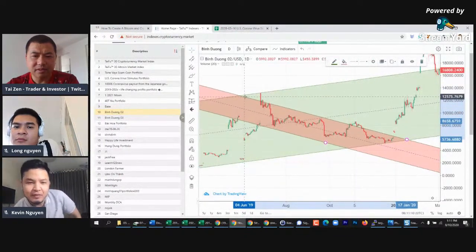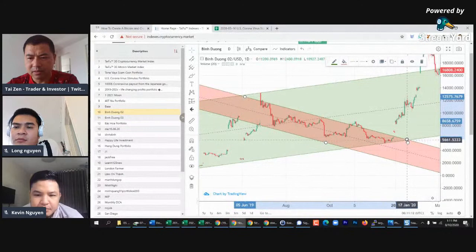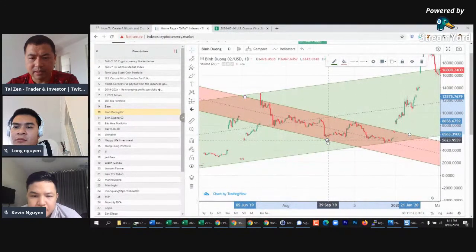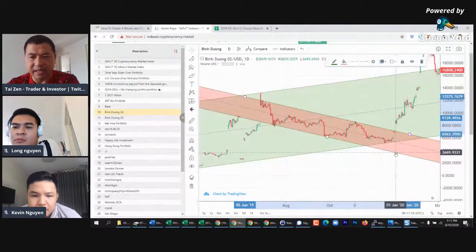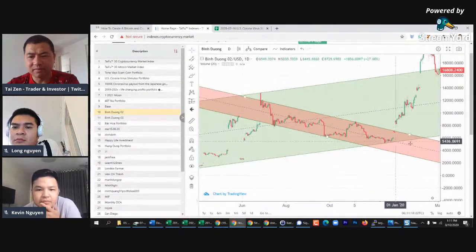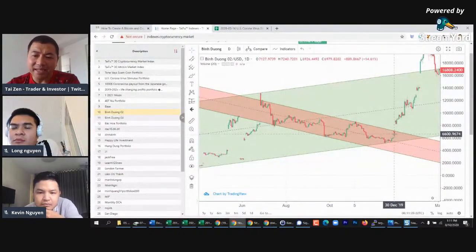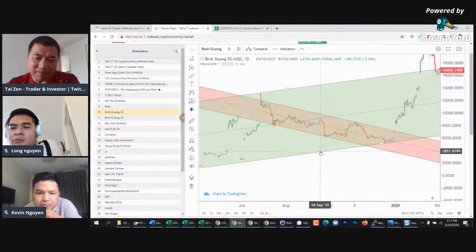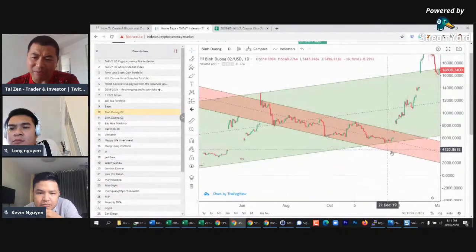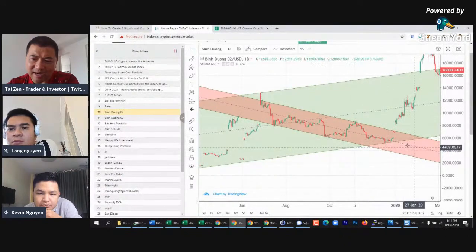Is it this one? Yeah, it looks like it's more this one. Now, ideally you can buy at the bottom of this. This is where I would probably buy right here. I could buy right here. So when it came down to here, I'd buy here. Now, if you bought near this dotted line, it might not be too bad either, right?